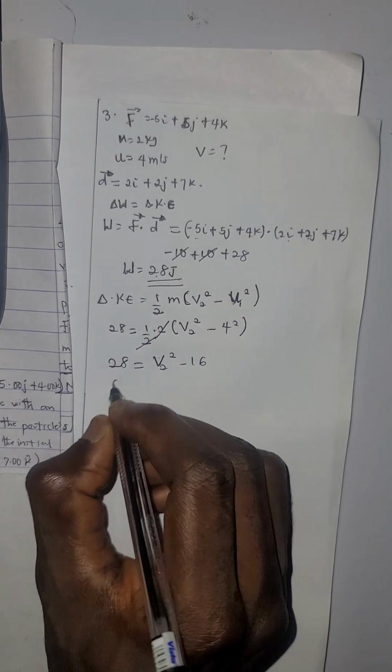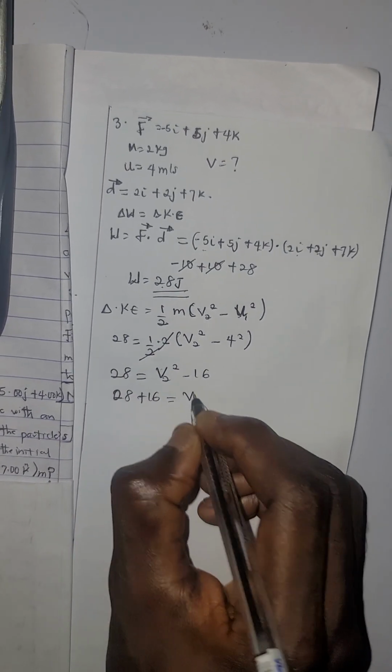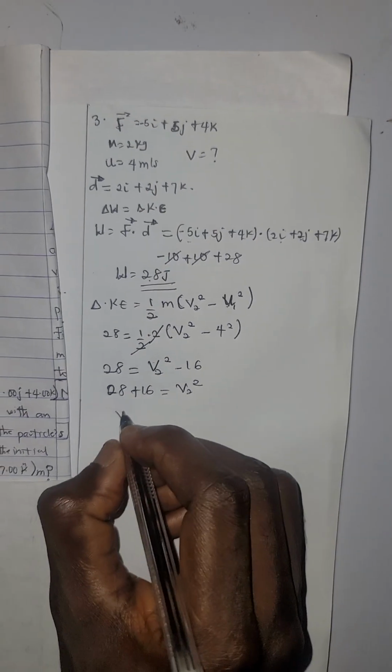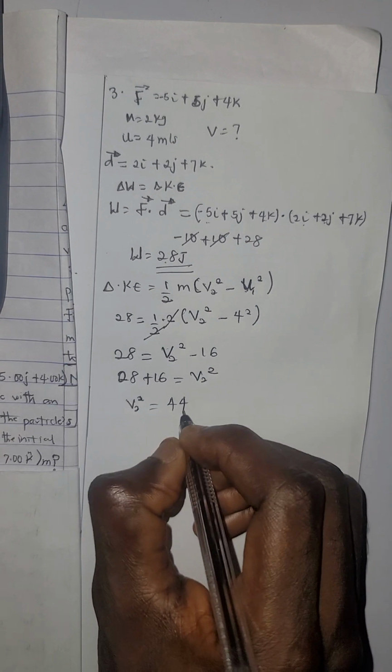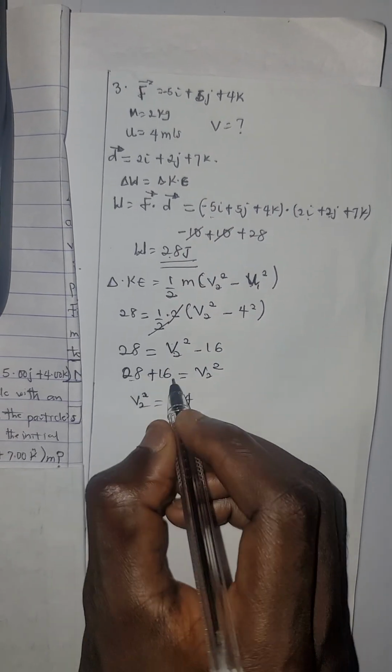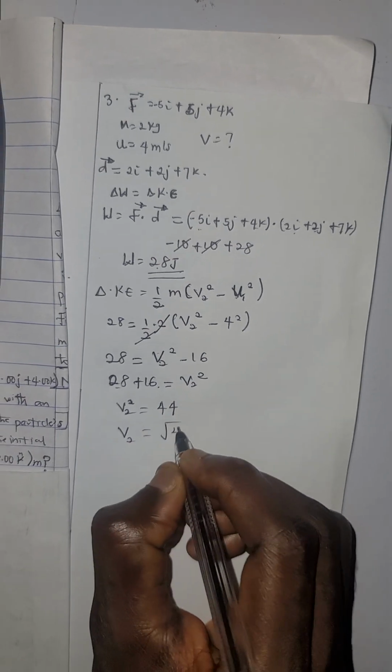When this one comes here, we have 28 plus 16 equals v2 squared. So v2 squared equals 44. So v2 will now be equal to the square root of 44.